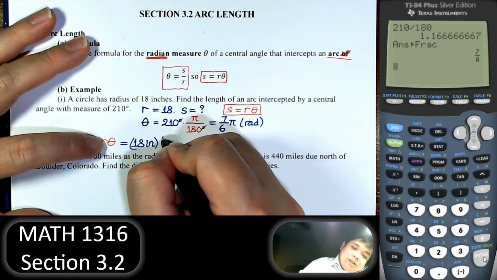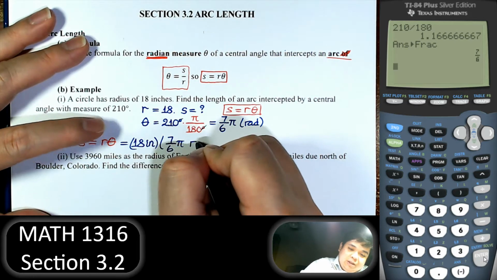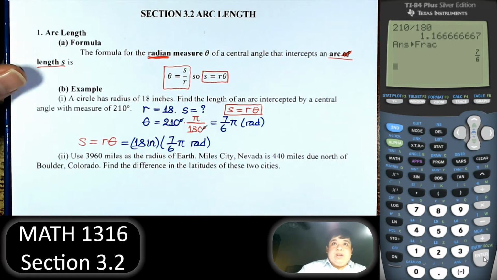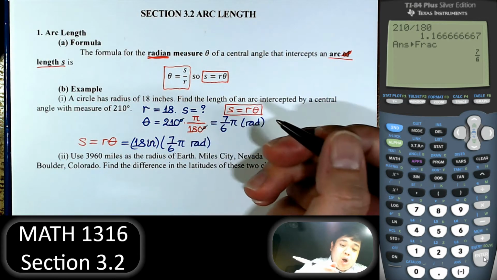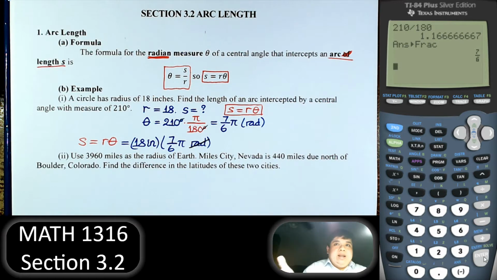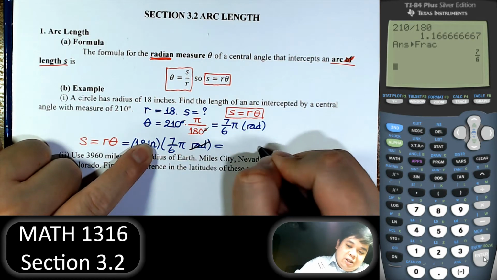The angle is 7 pi/6 radian. But radian is a special unit as mentioned before. In the previous section, we can just take it out or put it in whenever we want to. And the unit when we do all of this is going to be inches.